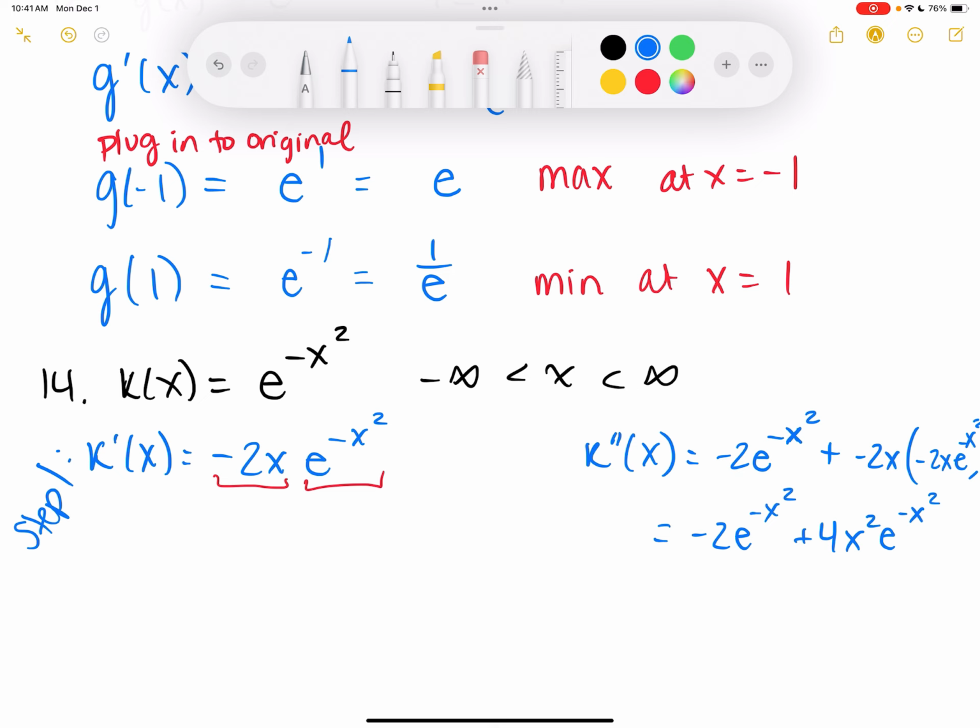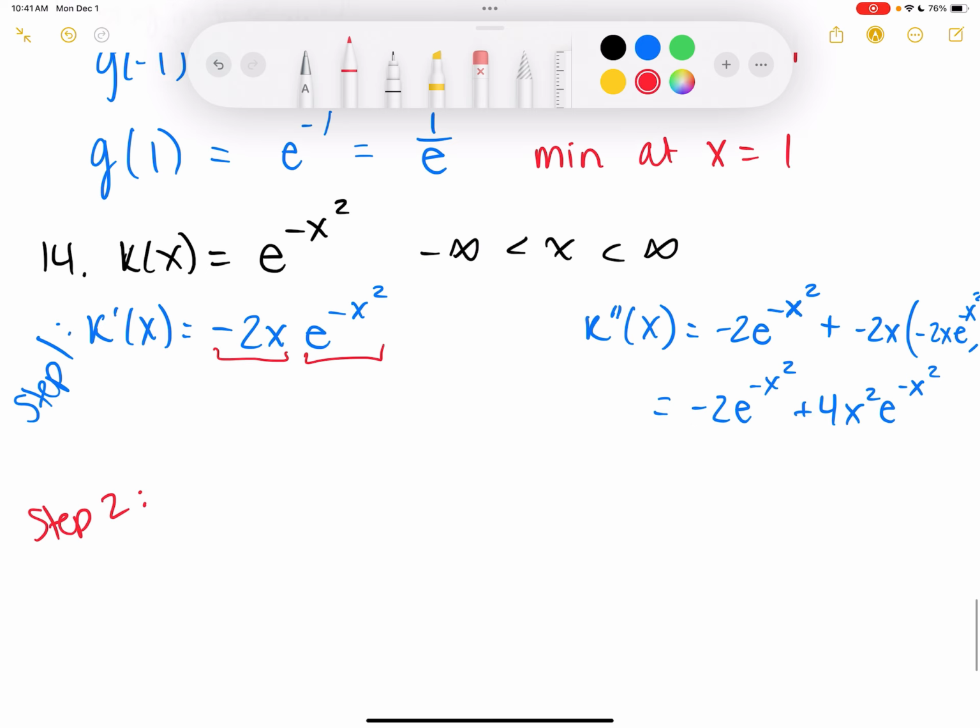So then the step 2, try to find the steps in order. We're finding the critical points, which is where the first derivative is equal to 0. So we would have negative 2x e to the negative x squared equals 0.